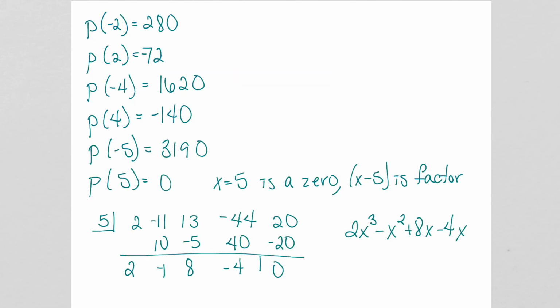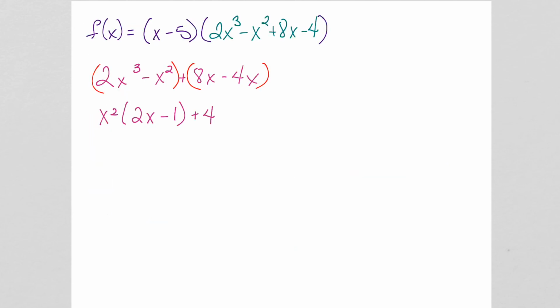Yep. Sorry about that. That should just be a 4. But you probably already knew that. Okay. So pull out the 4. And we've got 2x minus 1 again. So it factors to be x squared plus 4, 2x minus 1.